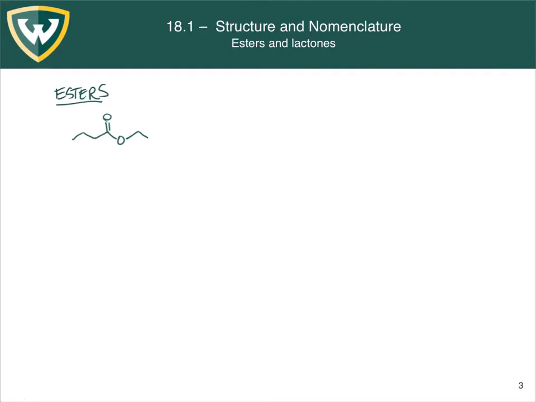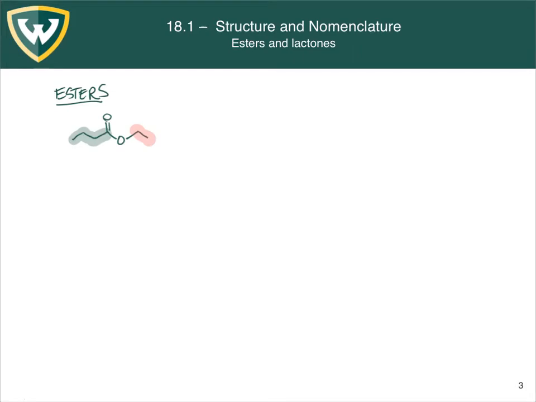So next we'll take a look at esters. When you're talking about naming for esters, you basically take this portion of the molecule, and that's the parent name, and then you use -ate instead of -ic acid, and the name of this group goes at the beginning.